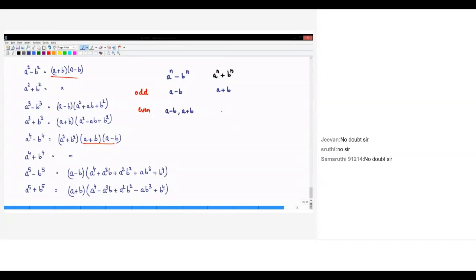If the power is even, but in between plus, you cannot write anything. Hope you understand this. Okay.